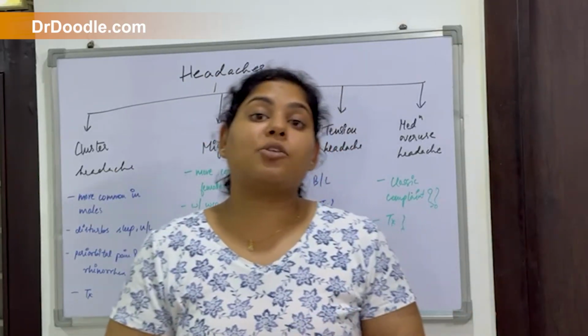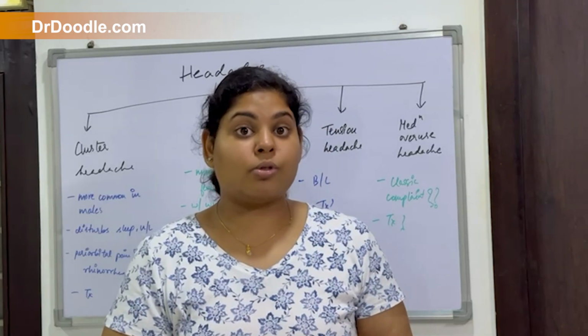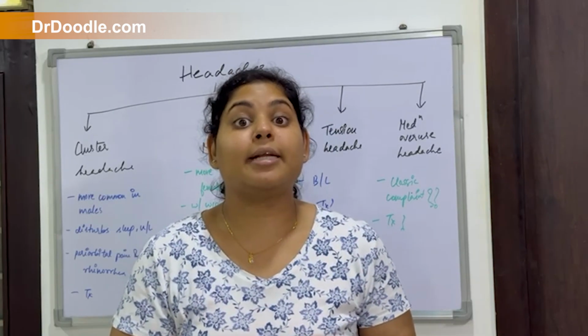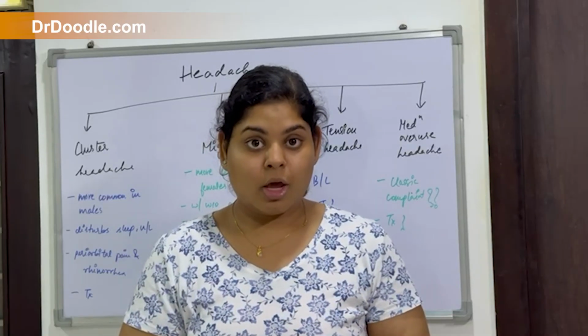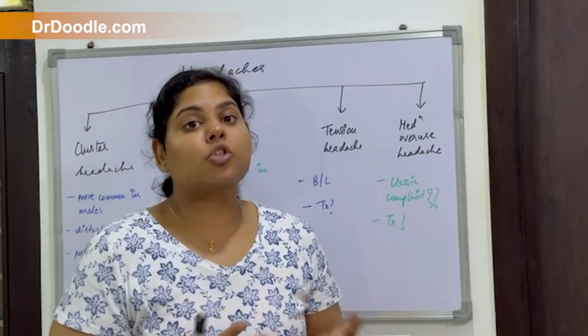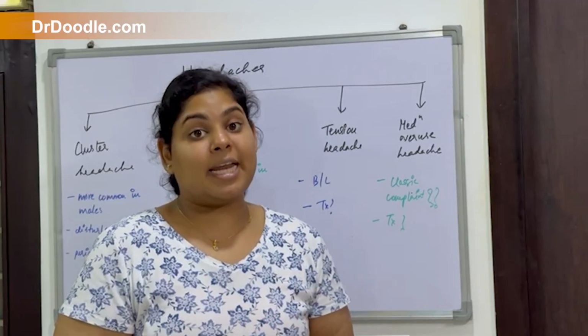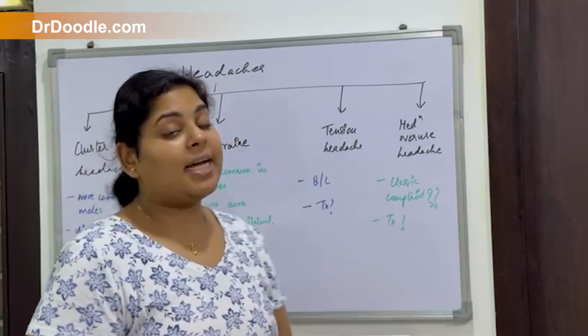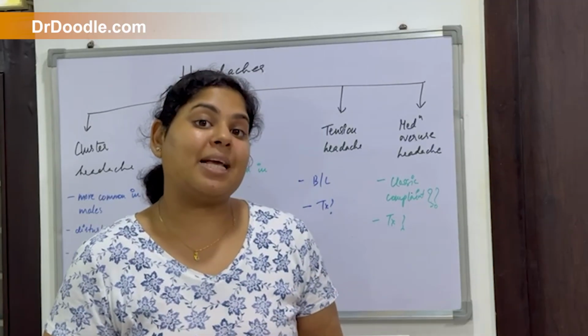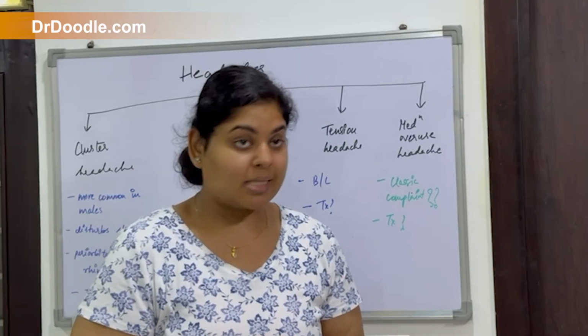So what is the treatment for a medication overdose headache? As you all can figure it out, it's basically to stop the medication. So medication overdose headache, you stop the medication and the headache should go away. For tension headaches, you usually try to avoid the stressors, but in case the headache is severe, you can use NSAIDs.